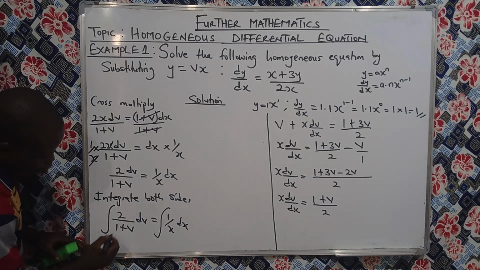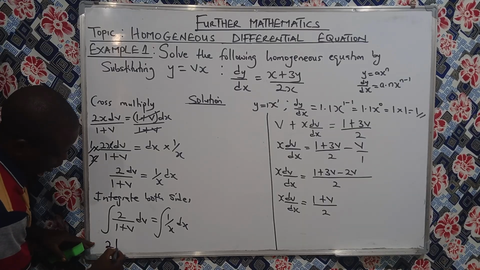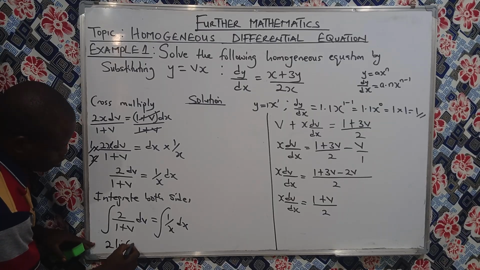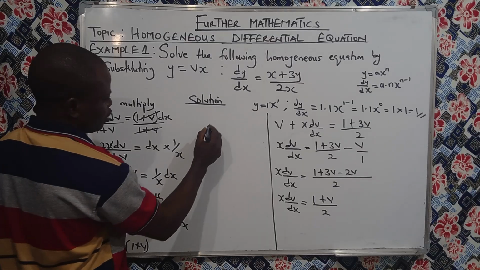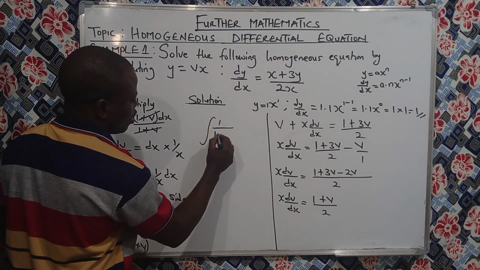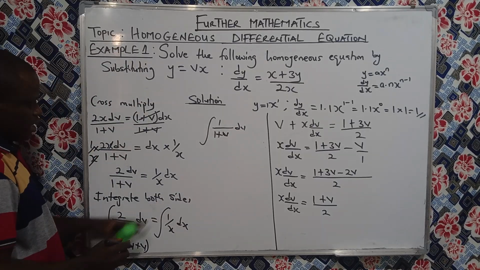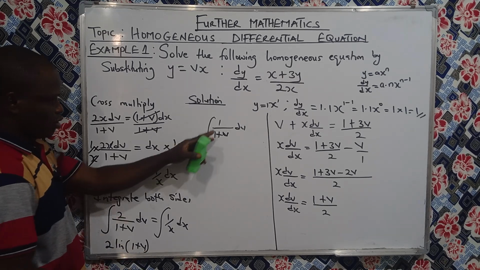Now you have 2 ln 1 plus v, because when you have integral of 1 over 1 plus v dv, that's ln 1 plus v.